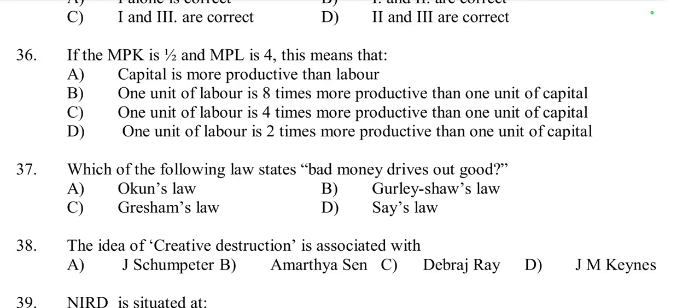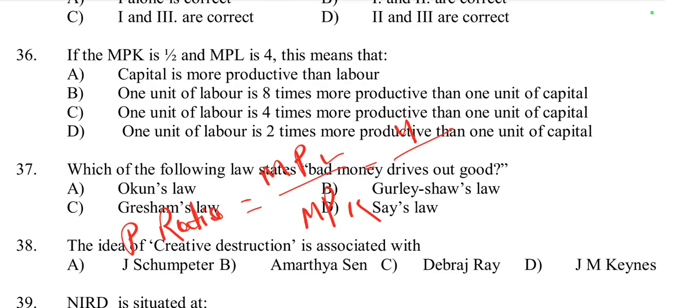So we have to calculate the productivity ratio. Productivity ratio is equal to MPL, marginal productivity of labor, by marginal productivity of capital. Marginal productivity of labor is equal to 4 by 1/2.